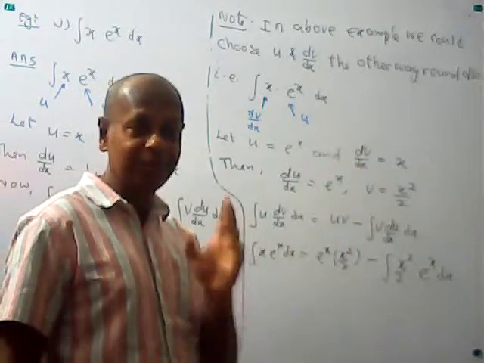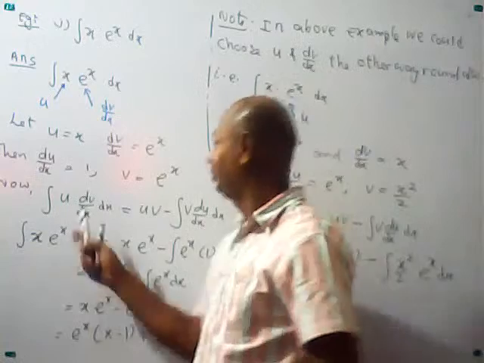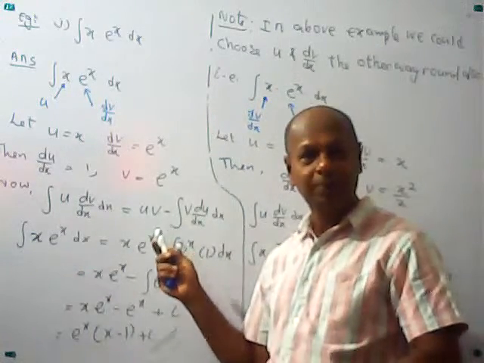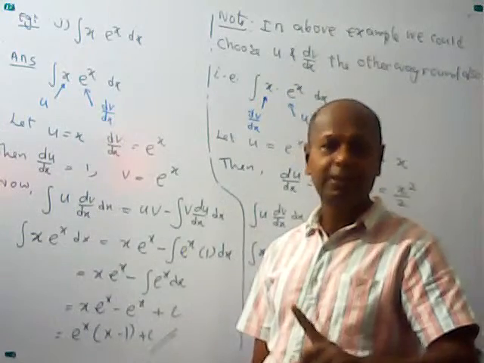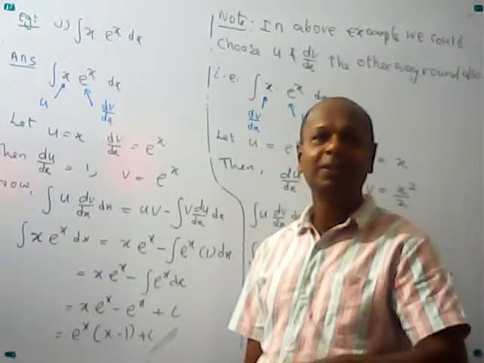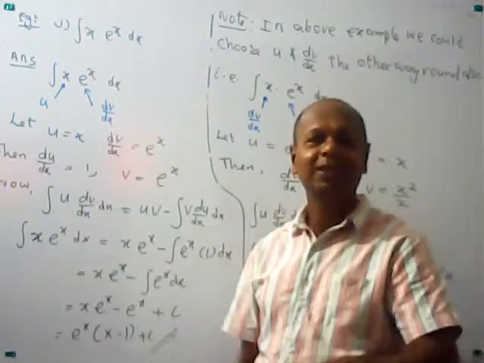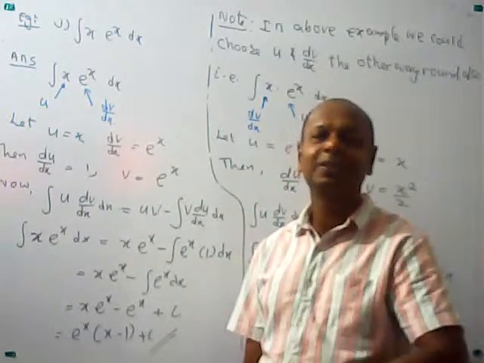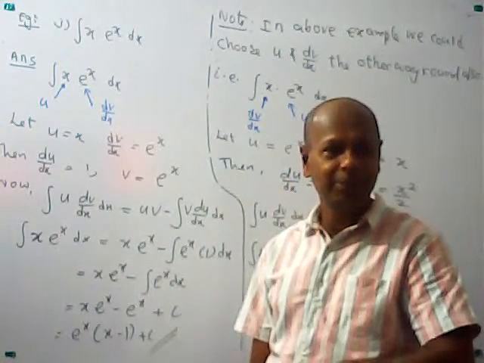So the lesson we are learning: if you have to apply the integration by parts formula, you have to select u and dv by dx, but you have to do it properly, carefully. If you took it the wrong way, things will get more complicated. So it will stop at some point.